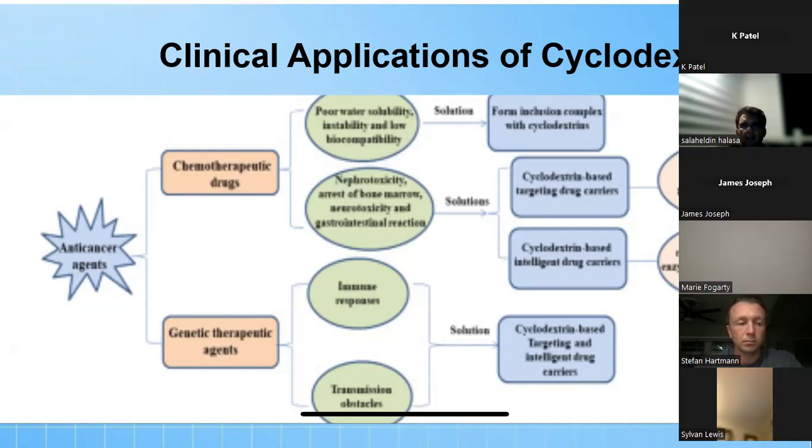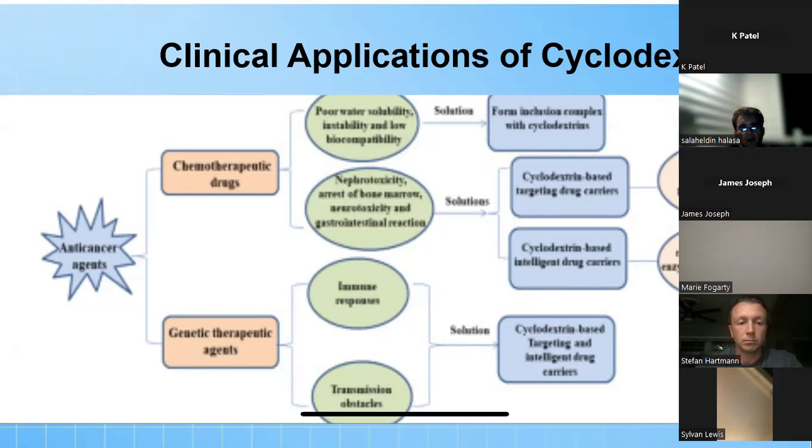Some of them have immune response issues, and whether they become allergic to those drugs, or it suppresses the immune system, or they have problems getting to the target because of transmission obstacles. So this cyclodextrin will solve these problems, right?